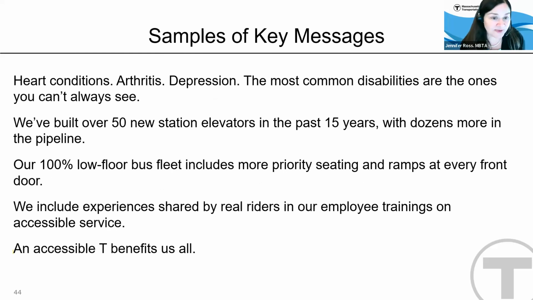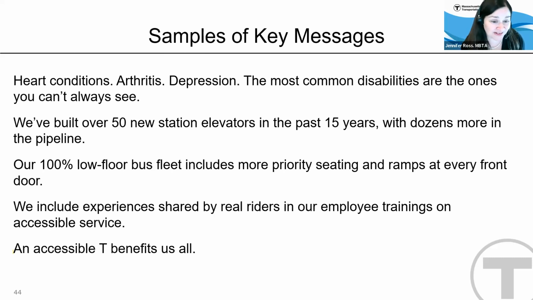So we worked up some key messages that we wanted to deliver in the creatives, and here is a few samples. Heart conditions, arthritis, depression. The most common disabilities are the ones you can't always see. We've built over 50 new station elevators in the past 15 years, with dozens more in the pipeline.